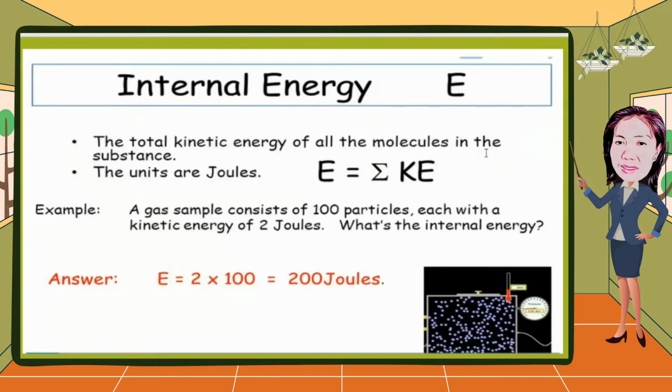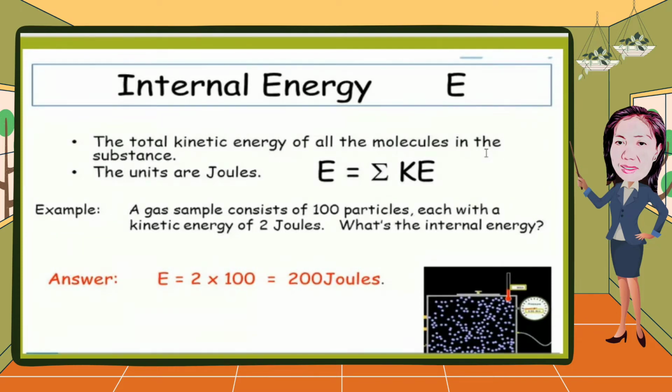Okay, this is how to get the total kinetic energy of all particles in a substance. This is actually referred to as the internal energy. The symbol for internal energy is E.